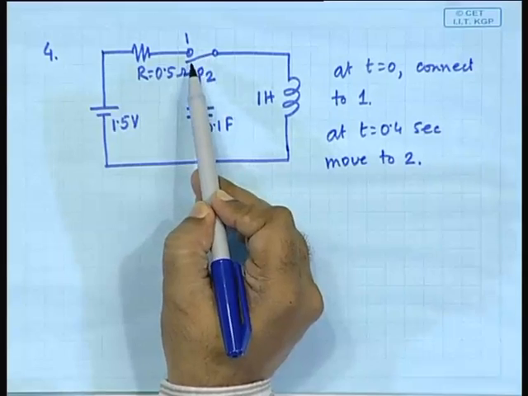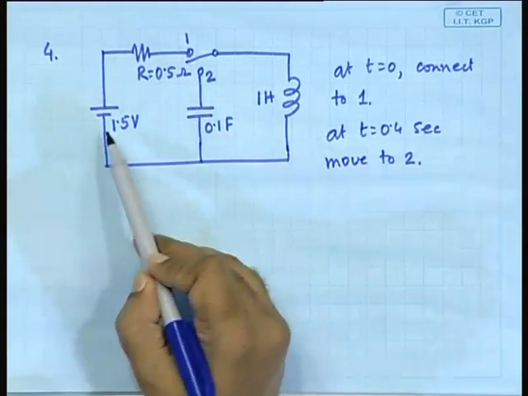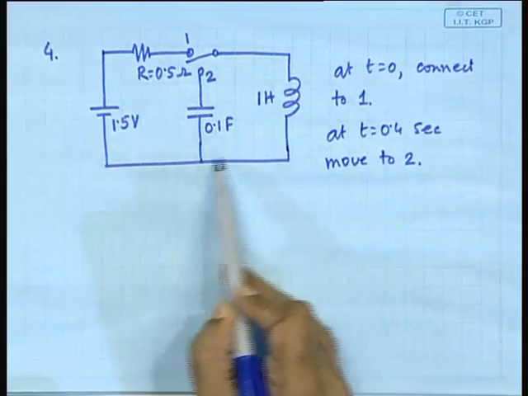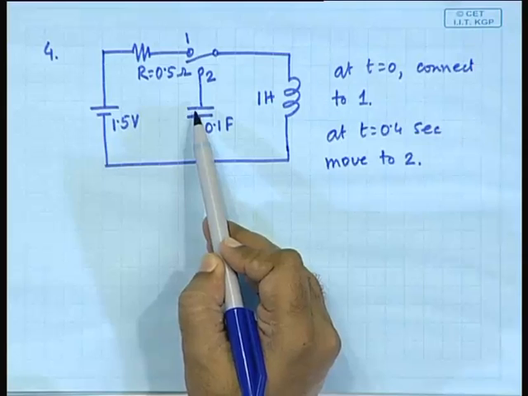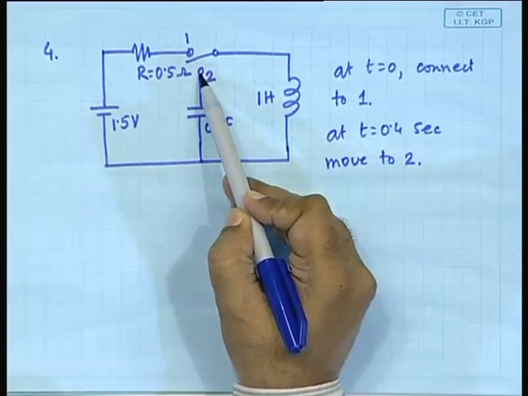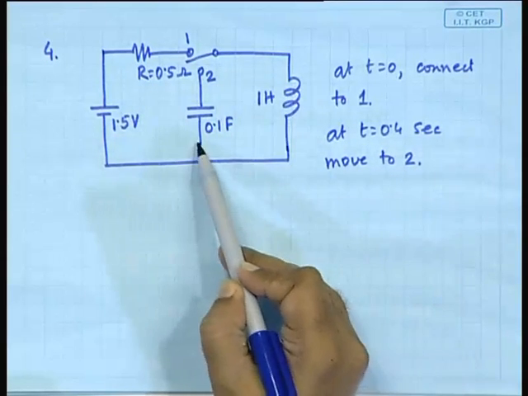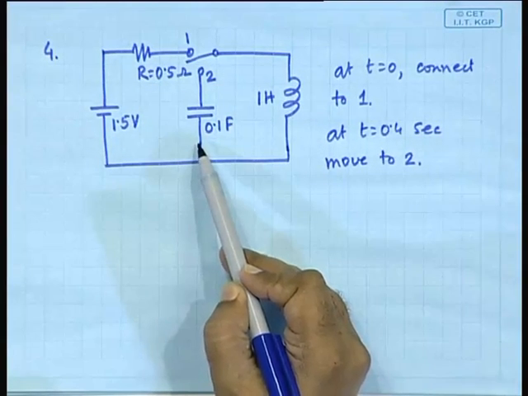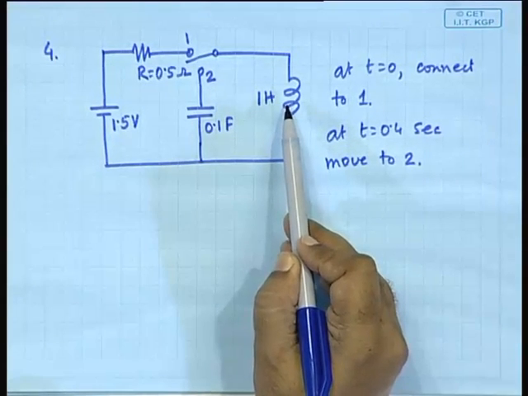So, initially it is open, at 0 it is connected to 1, so that you have this circuit, the capacitor not there in the circuit. At 0.4 second it is taken to position 2. In that case, it is only this LC oscillation. Why will it oscillate? Because there was an initial current flowing through this inductor.